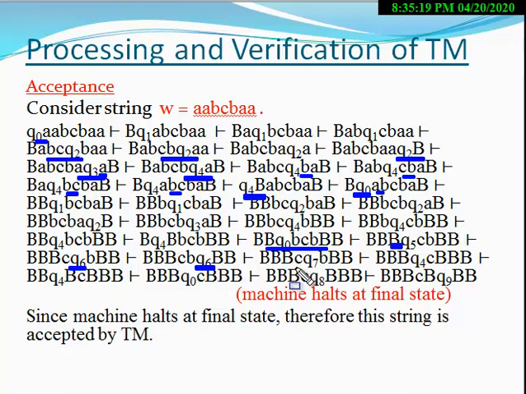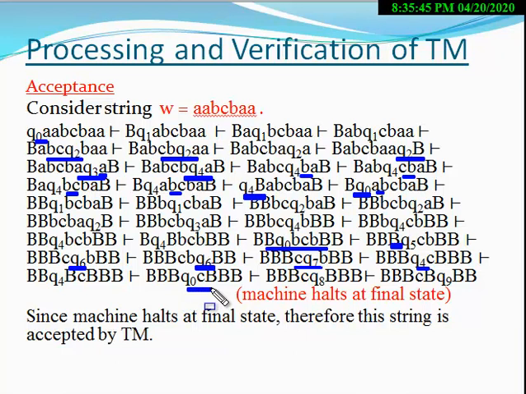Now the machine goes in the left direction and also changes its state from Q6 to Q7. Now the machine goes to Q4 state. Again at the Q4 state, again left move, goes to this. Again here the Q0 state again.